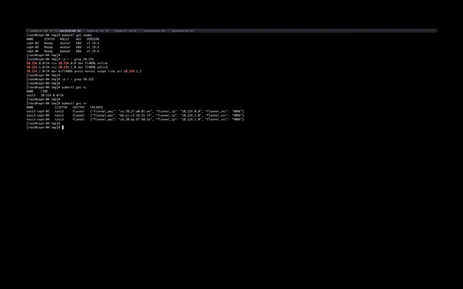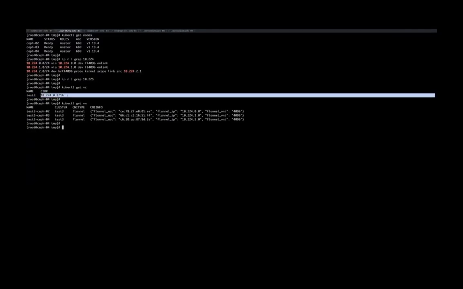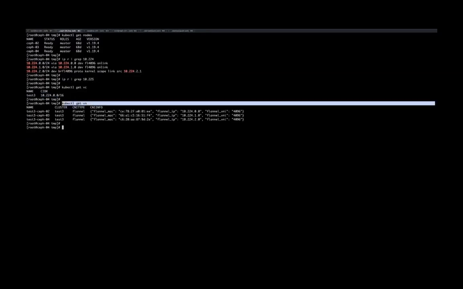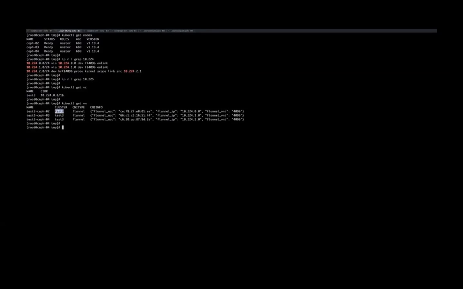The name of the cluster is test3, and its IP block is 10.224, different from test2. The Win resources information contains 3 nodes, and the signal type is Flannel, different from test2. You can see the signal information is all about Flannel.